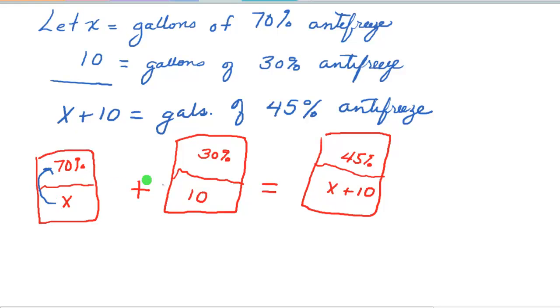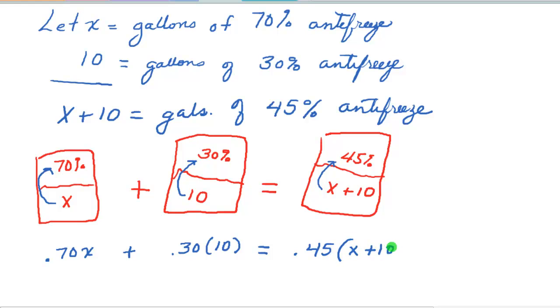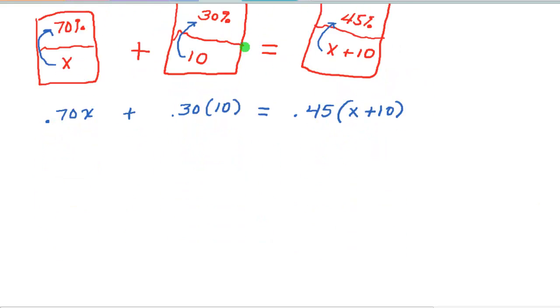Now again, we're going to multiply. So we have 0.70x plus 0.30 times 10 equals 0.45 times X plus 10, which again needs to be in parentheses so that we can distribute.